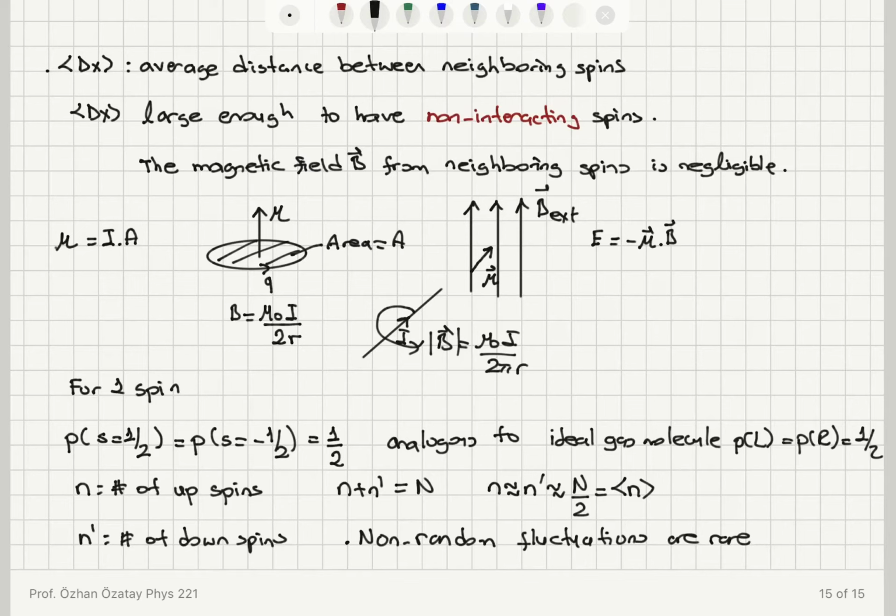And there's one way to have this non-random or ordered situation, that's by external intervention. In the case of the ideal gas, we use the piston to push all the molecules to the left-hand side. Here, for example, we can most likely create this ordered situation due to an external magnetic field.